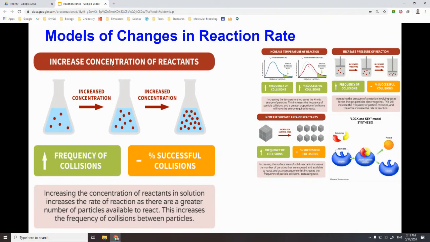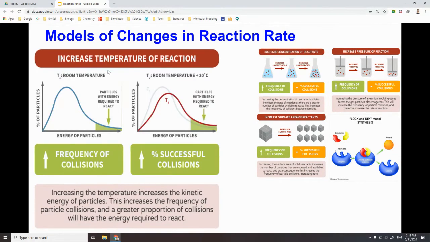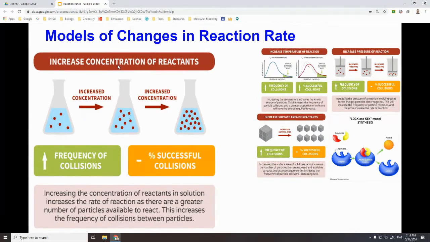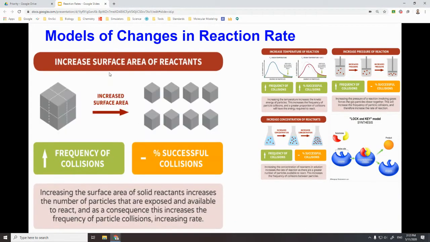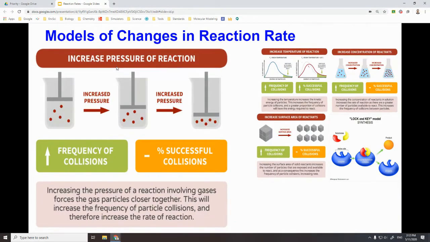We have increasing concentration, increasing temperature, or really it's just changing concentration. Concentration up means reaction rate goes up. Concentration down means reaction rate goes down, right? Changing temperature, changing surface area, changing the pressure, that's one we didn't talk about before.